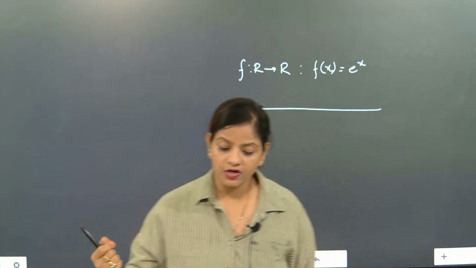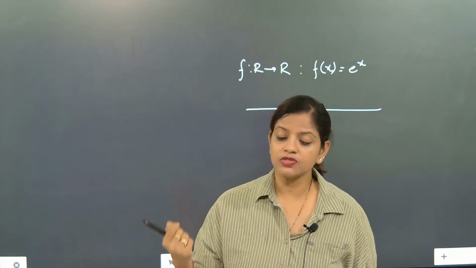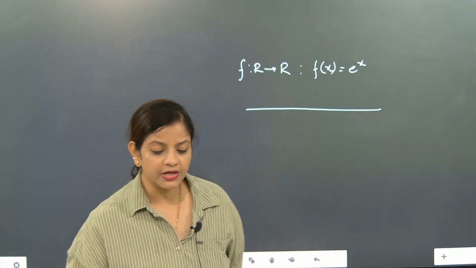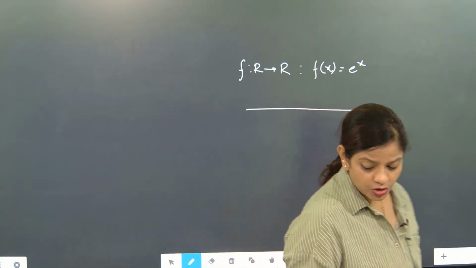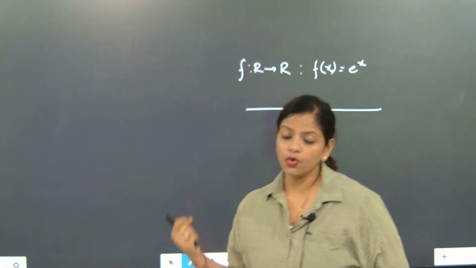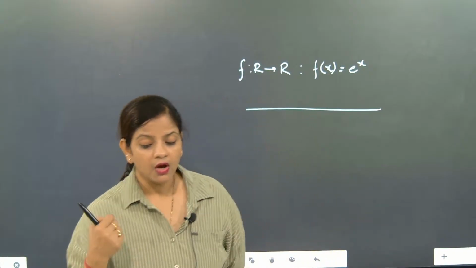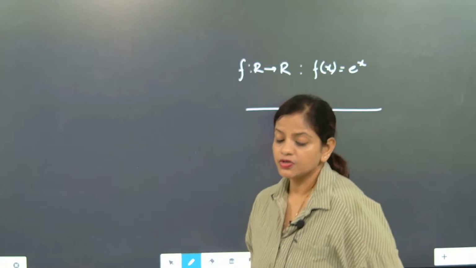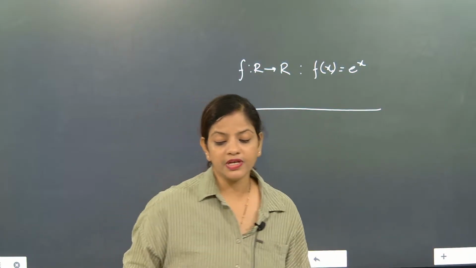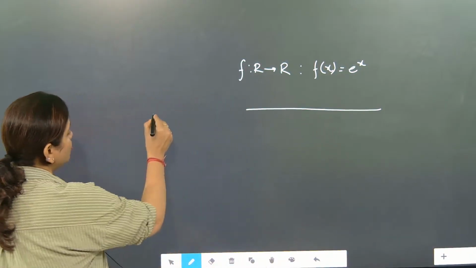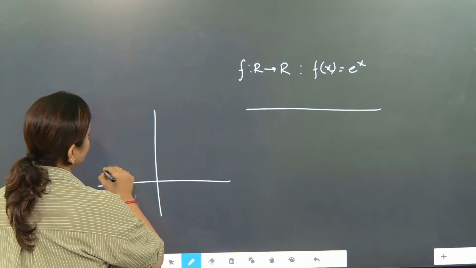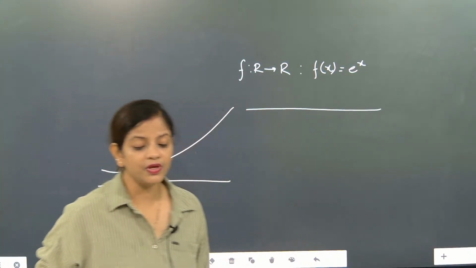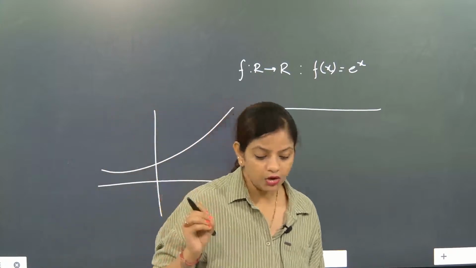Is it a 1-1 function where the domain is the set of real numbers and the codomain is also the set of real numbers? At that particular situation, what type of function are we expecting e to the power x to be? You need to understand that when the domain and codomain are both the set of real numbers, the function is either 1-1 and onto, or into.